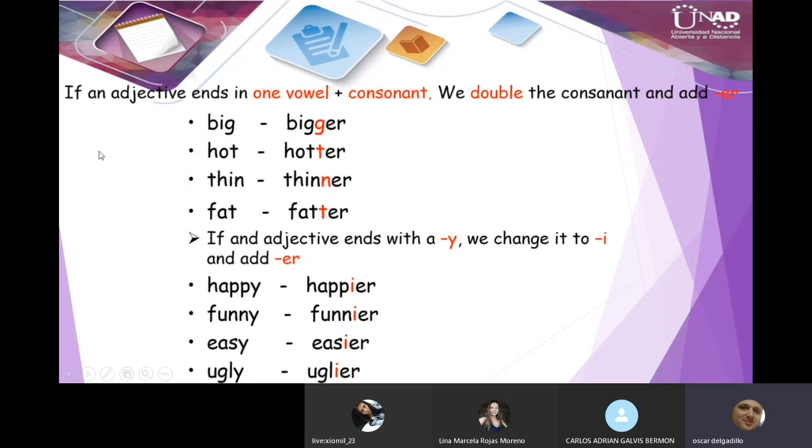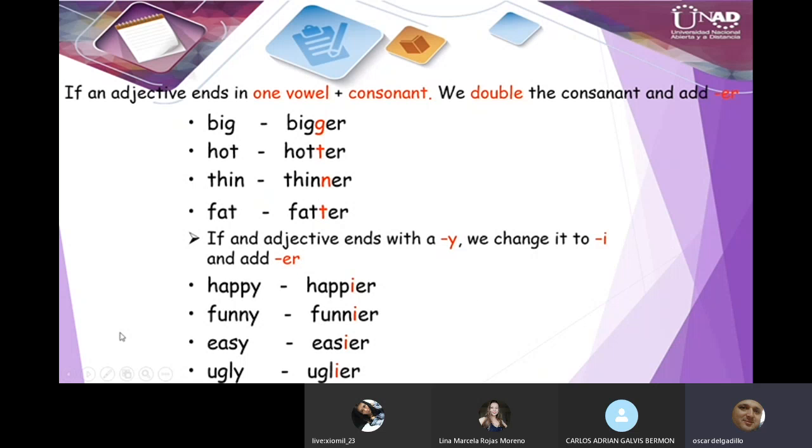If an adjective ends with a y, we drop the y and add ier. For example, happy, happier; funny, funnier; easy, easier; ugly, uglier.